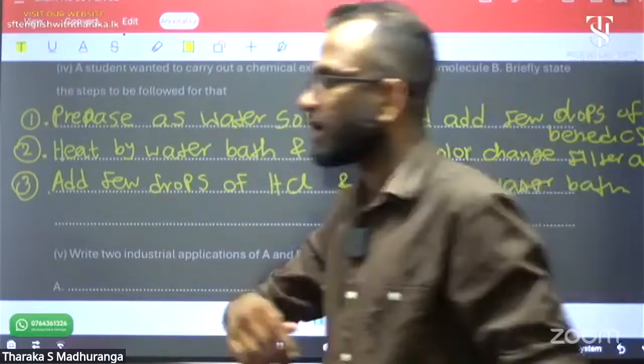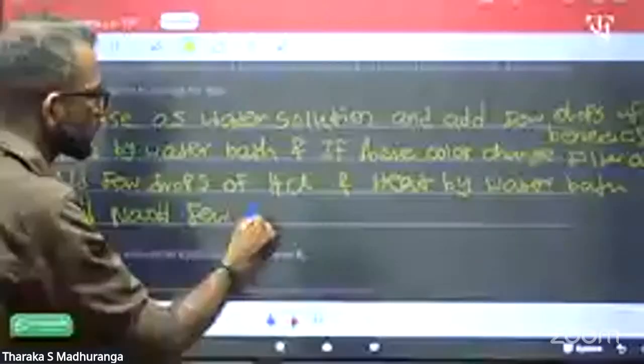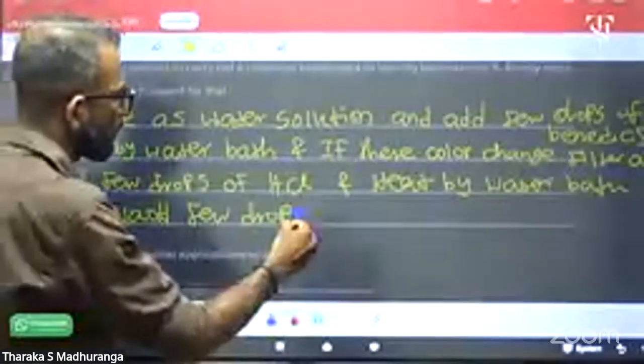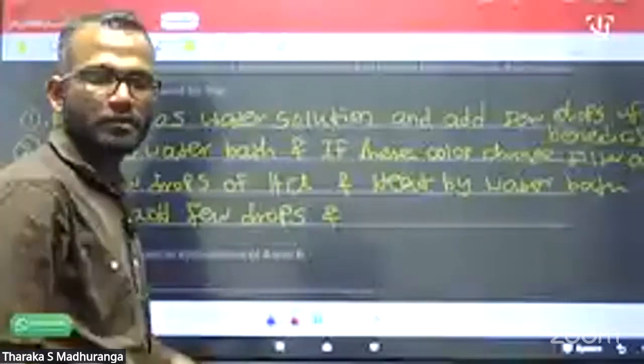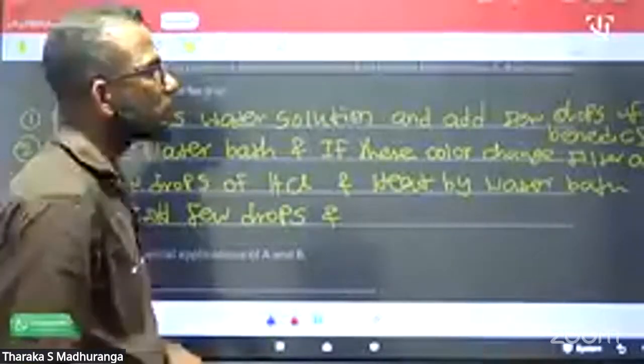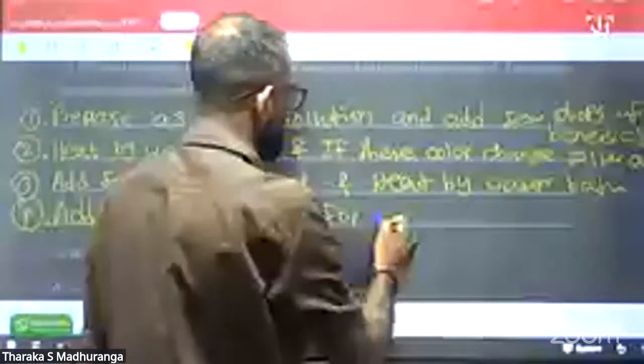Speed up, right? Fourth step, add a few drops of sodium hydroxide, caustic soda, for neutralizing.